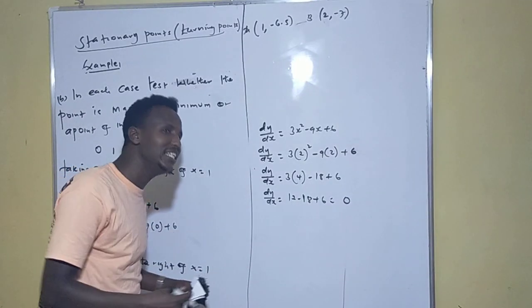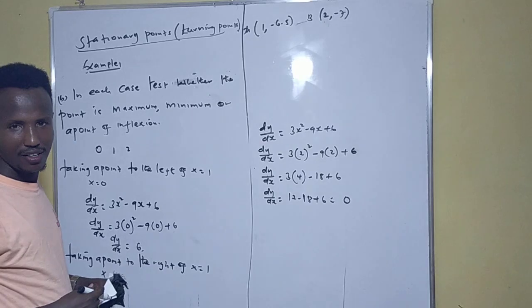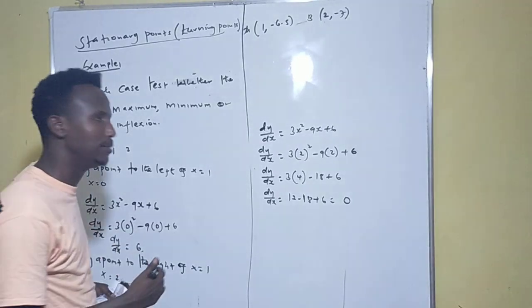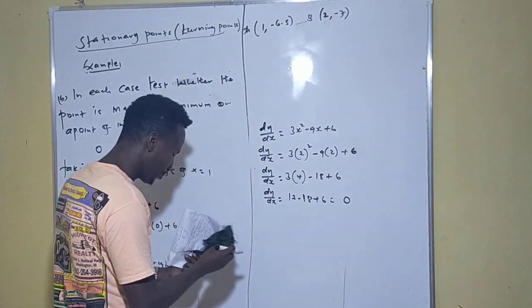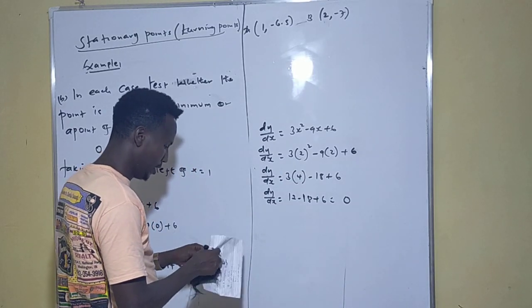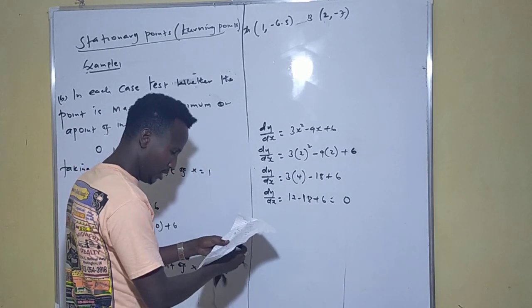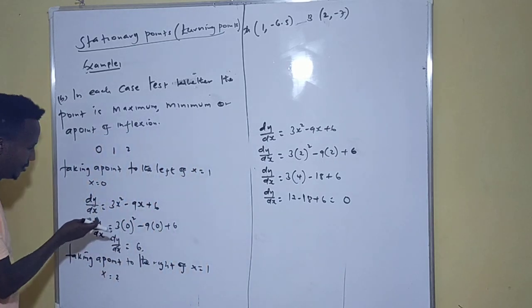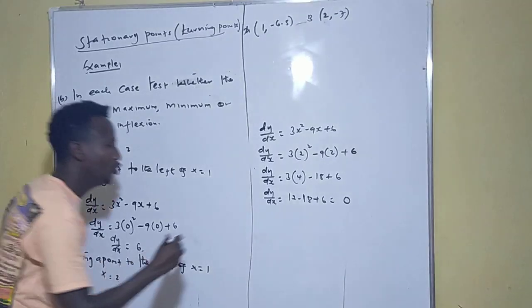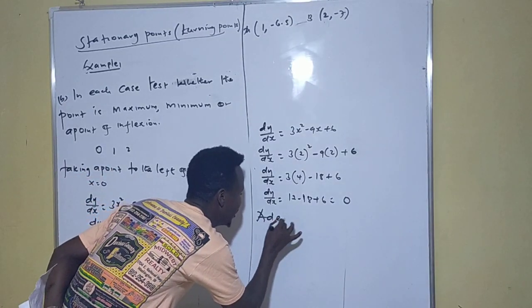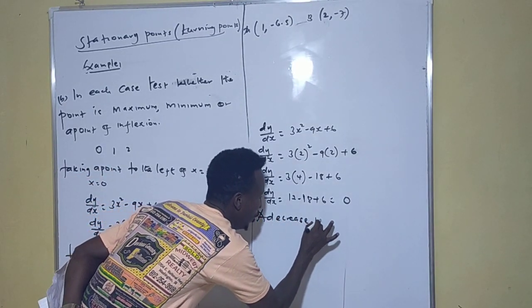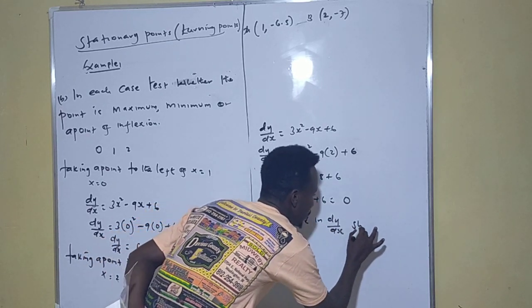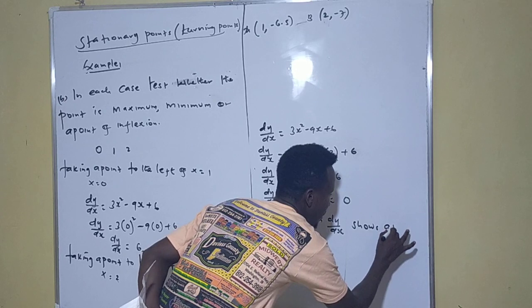So a decrease in dy dx, or the gradient function, shows that the point is a maximum. Don't forget that.